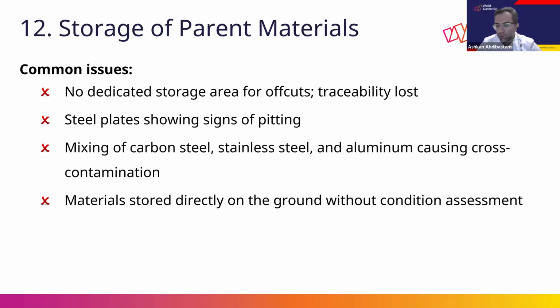Another issue is that materials are sometimes stored directly on the ground without assessing their condition, for example, whether they are stainless steel or carbon steel, and whether you have assessed the cross-contamination risks for that material.